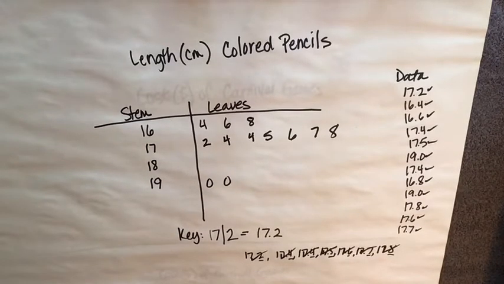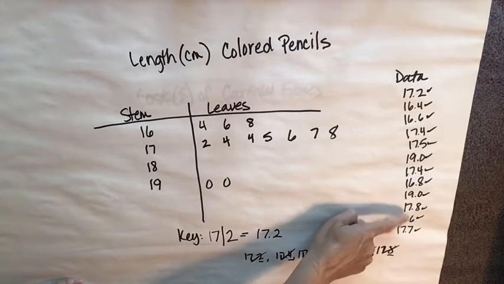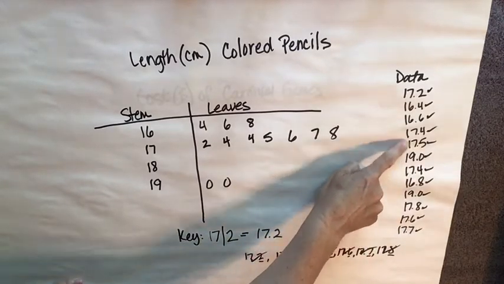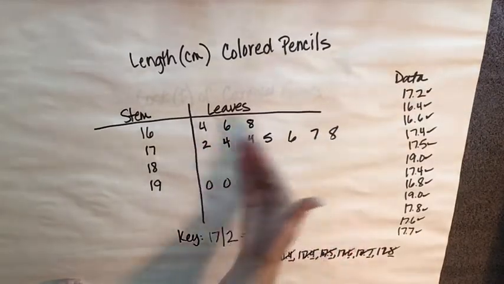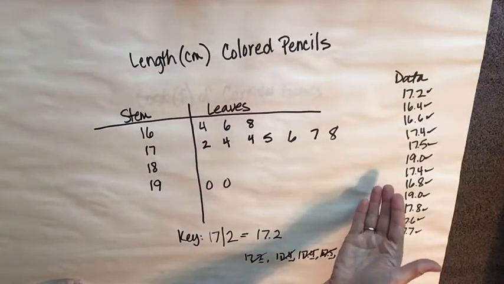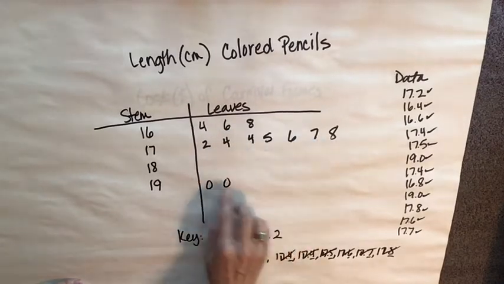I want to check a couple of things and make sure my stem and leaf plot is complete. The first thing I want to check is, do I have all of my data? So there were 1, 2, 3, 4, 5, 6, 7, 8, 9, 10, 11, 12 pieces of data. I want to make sure I have 12 leaves to know that I have represented all of them. 1, 2, 3, 4, 5, 6, 7, 8, 9, 10, 11, 12.